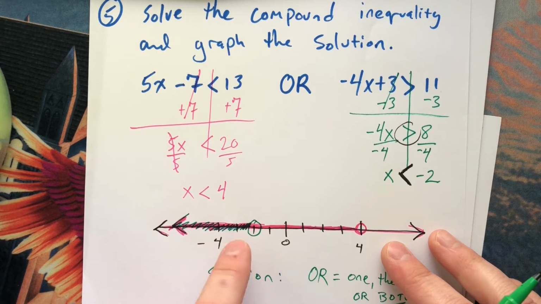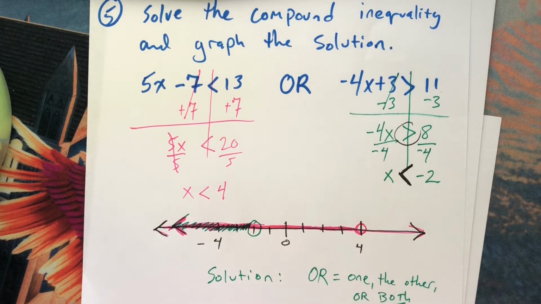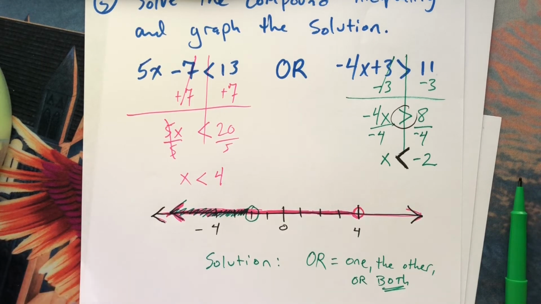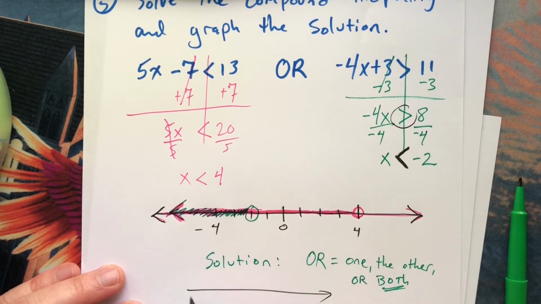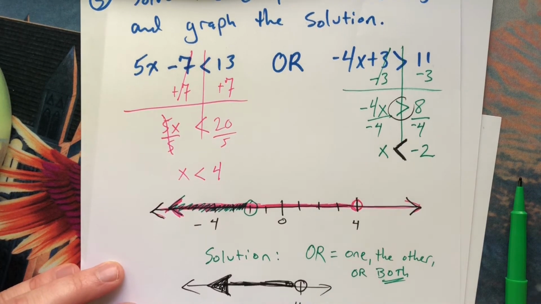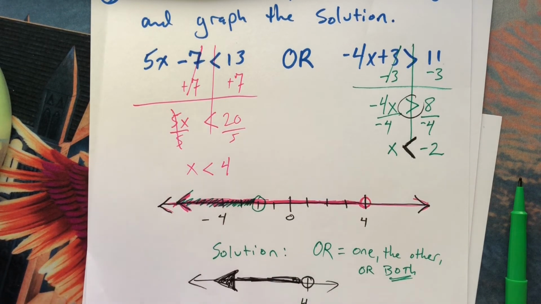So since one of them is there, we're good, because it can be one, the other, or both. So our final solution is actually going to look like this. It's going to go from 4 left, including everything, even that open circle there, since it got filled in by the other one.